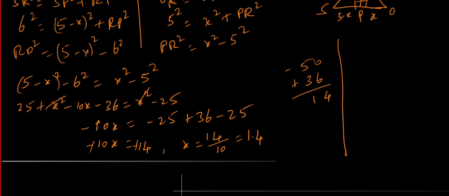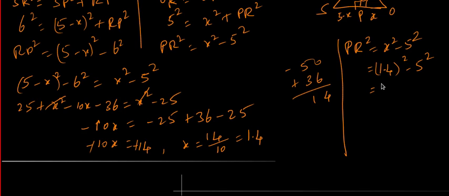Let me take this equation. This is a little lengthy. So PR square equal to x square minus 5 square. Here if we substitute x value as 1.4, that is 1.4 square minus 5 square. 14 14s are 196.